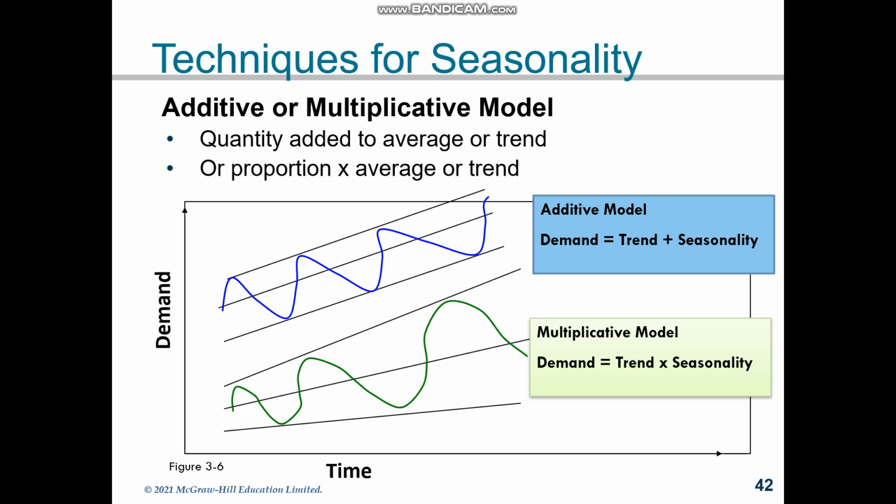Also, we have multiplicative models that consider seasonality as a proportion of the average, which is then multiplied by the average of the time series that we have. So in these two types of models, we need to first calculate seasonality and then add seasonality to the forecast that we make.